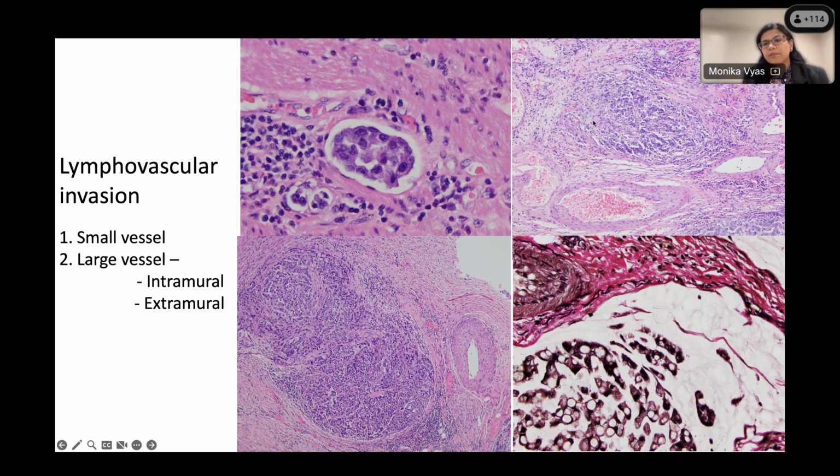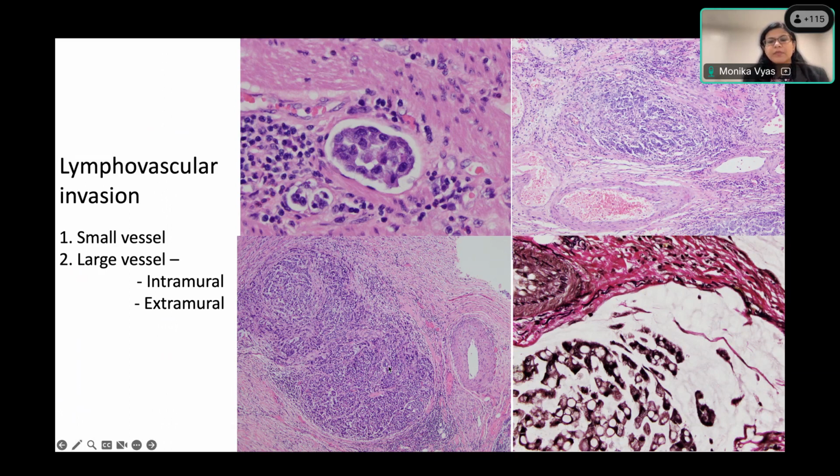So here we have an example of a large venous invasion. A clue to this would be the presence of a nodule of tumor next to a thick-walled artery. That would be a naked artery sign. So if you see an artery without a vein, but in place of the vein you have a nodule of tumor, that would suggest that this could be large venous invasion.